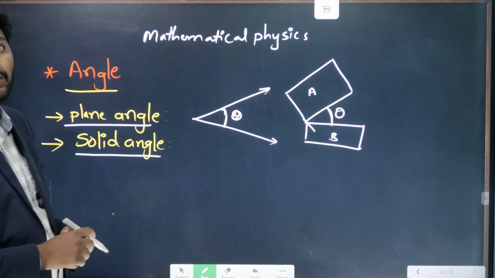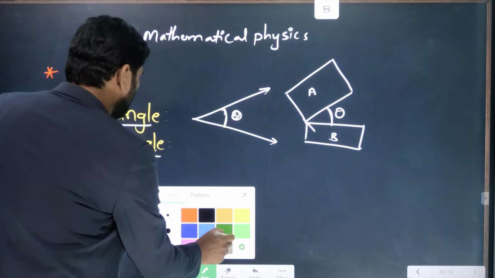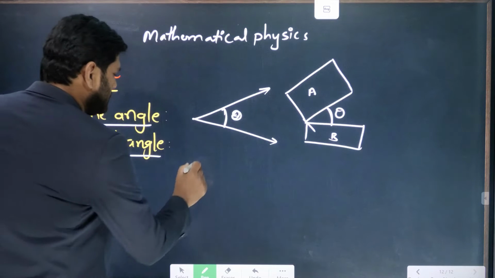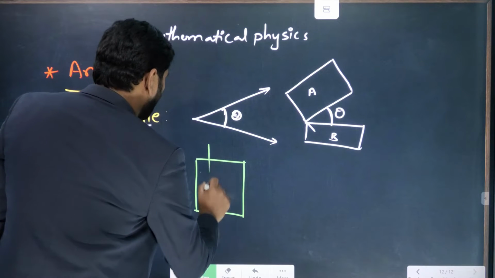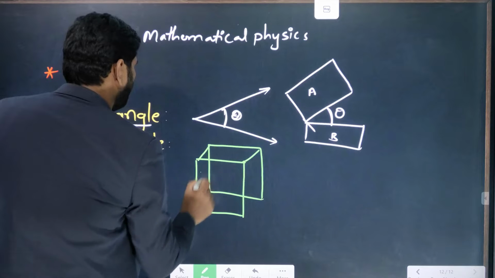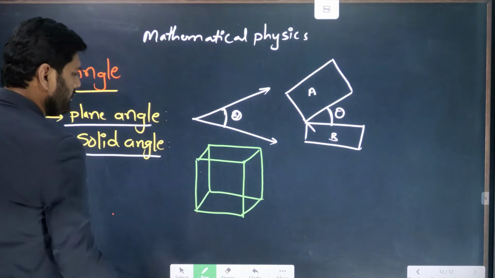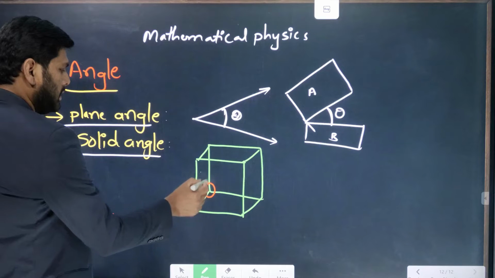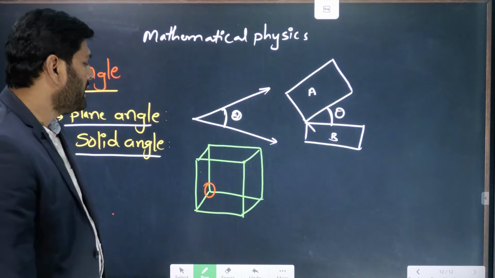Next thing is solid angle. What is meant by the solid angle here? Let me take a cube here. In this cube, the total angle at the corner we consider as a solid angle.